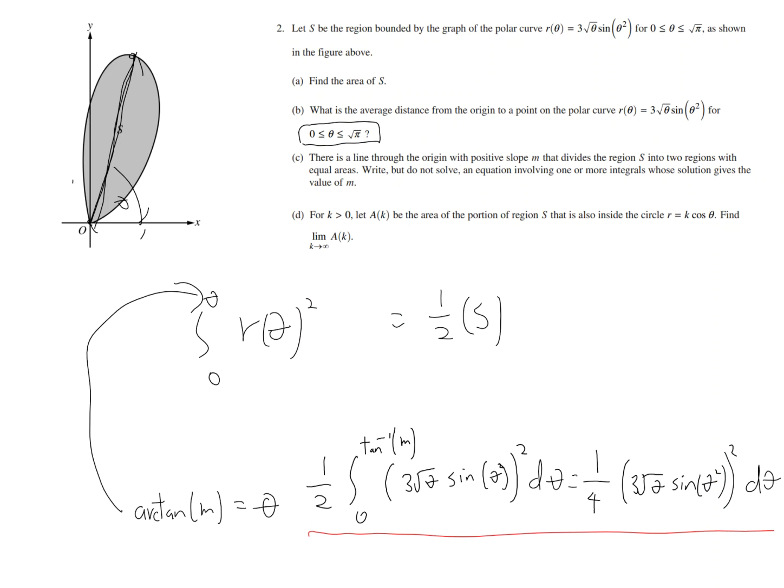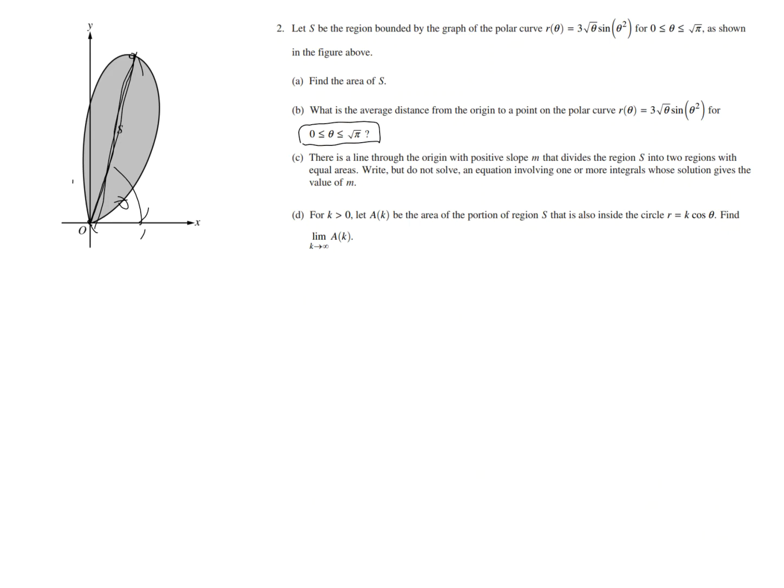Part D asks a different question where a new equation is added, which is a circle, r equals k cosine of theta. And we're asked to find the area A, which is the portion covered both by the circle and by the area of S. And we're supposed to find that as the k, which is a number here, goes to infinity.